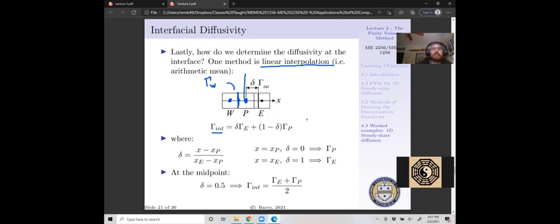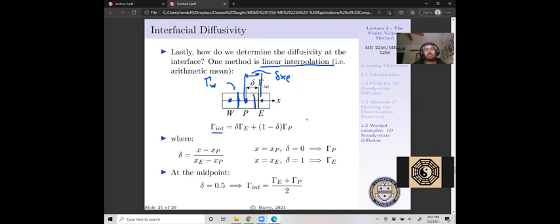And recall that the total distance between P to east, our cell centers, was delta xe. So delta times the diffusivity in the eastern cell plus 1 minus delta times the diffusivity in the center cell.